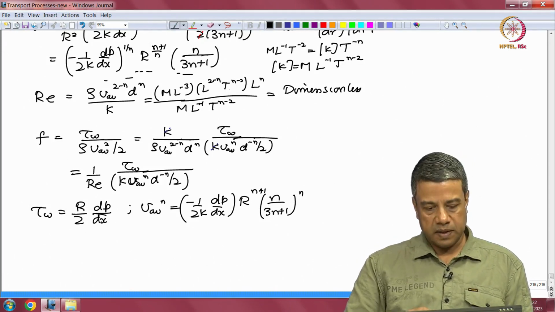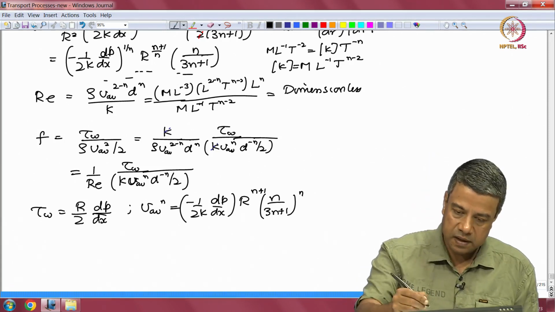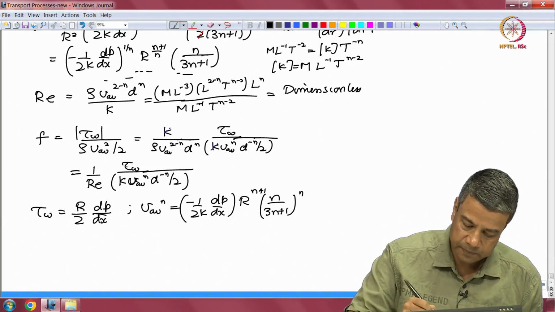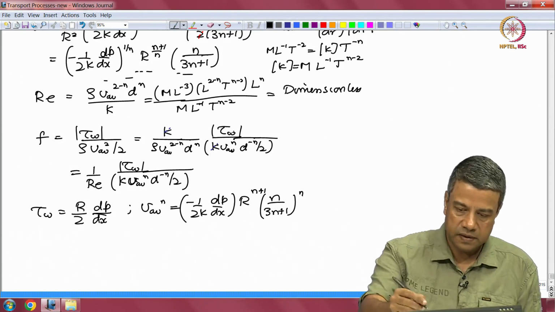That is V average power n. Tau w is negative because dp by dx is negative. So, I have to take the magnitude of the wall shear stress, because the wall shear stress is acting in the negative x direction.